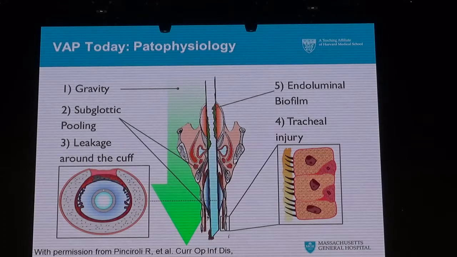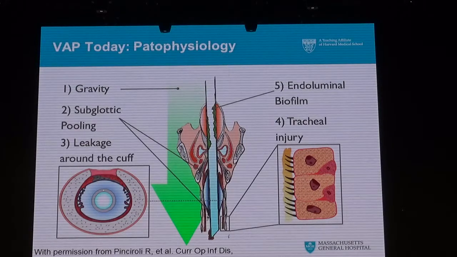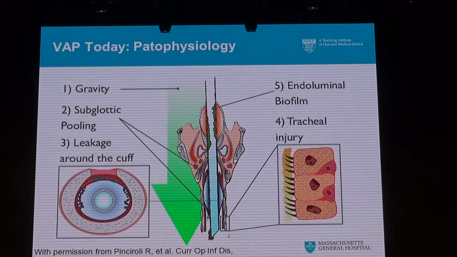First is gravity dependence, which means that by gravitational forces, secretions go from higher to lower levels. If we have a patient in a semi-recumbent position, with the head of the bed up, there will be secretions that drain towards the airways, and then subglottic pooling.